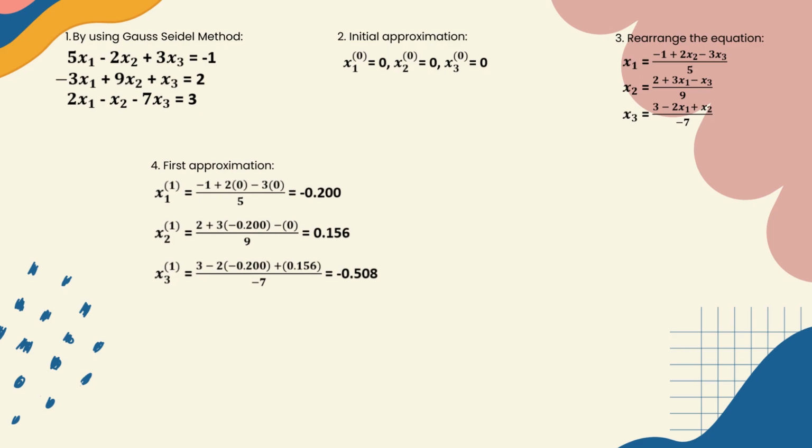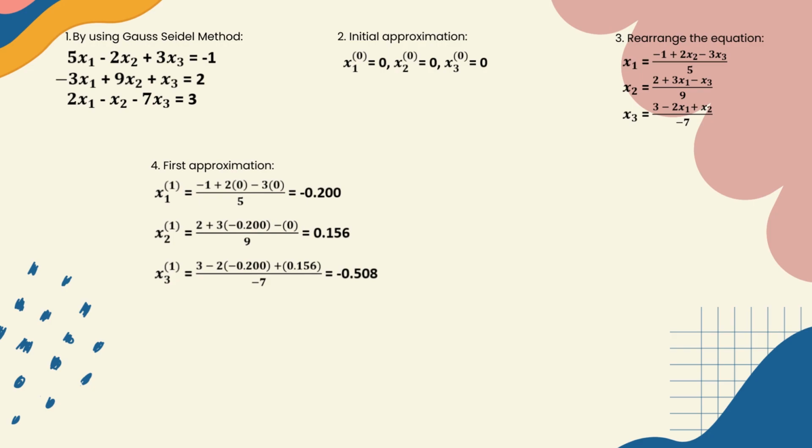Next, to find x2, we substitute the updated value of x1 equals negative 0.2 and x3 equals 0. The equation will be (2 plus 3 multiplied by negative 0.2 minus 0) divided by 9. Thus, we get x2 equals 0.156.